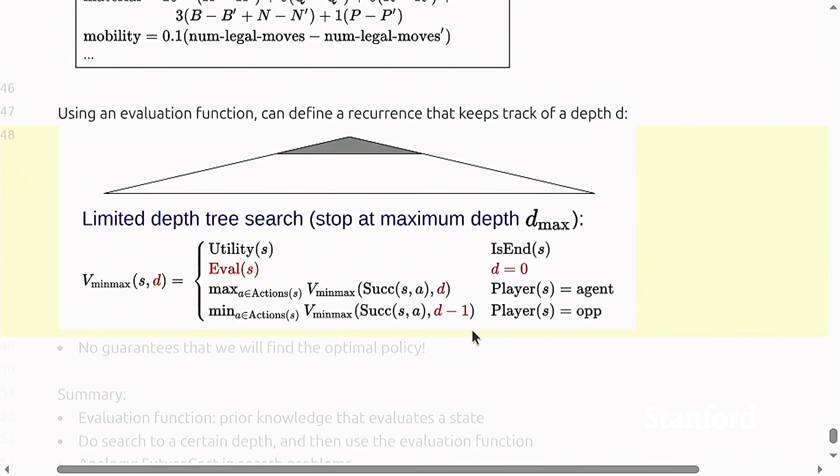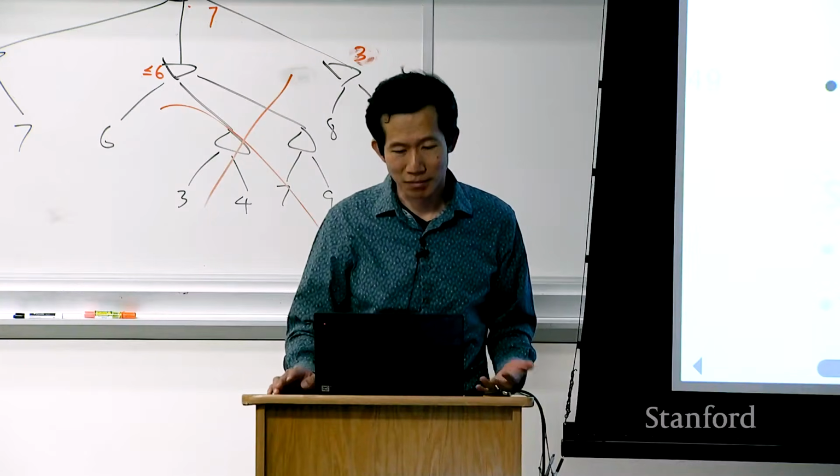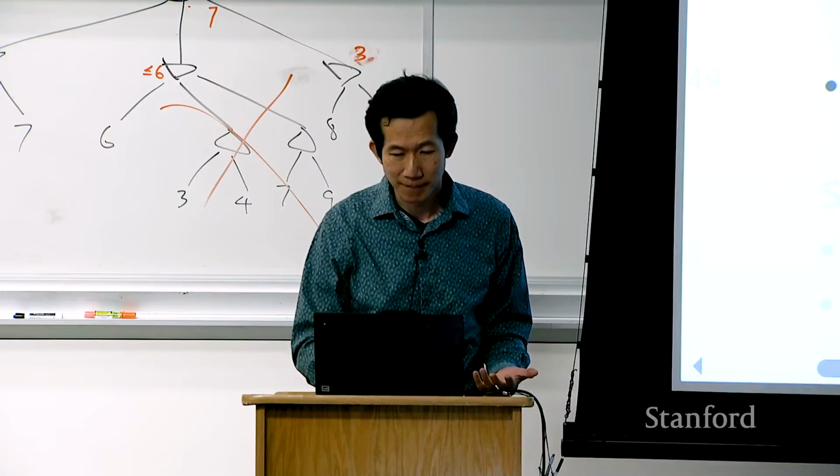Okay, so that's basically it. This is like the sixth recurrence you've seen, so hopefully you're used to seeing these things. There's no guarantee that you'll find the optimal policy. It's a complete heuristic, and how effective it is will depend on how good your evaluation function is.